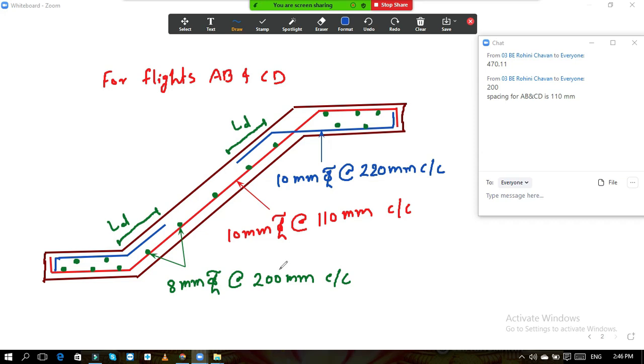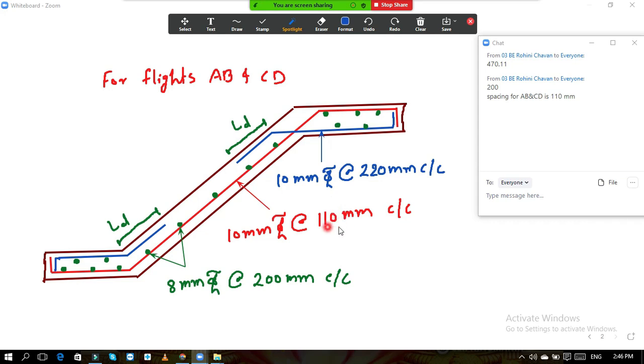So this is the diagram. Now similarly, instead of AB and CD, you should draw another diagram for flight CD. The same profile will be there, everything is the same. Just see that here, for the main steel, 10 mm bars above. What was the spacing for BC?